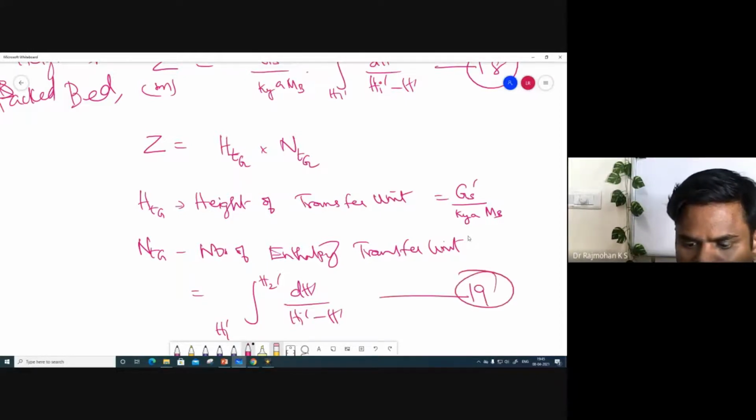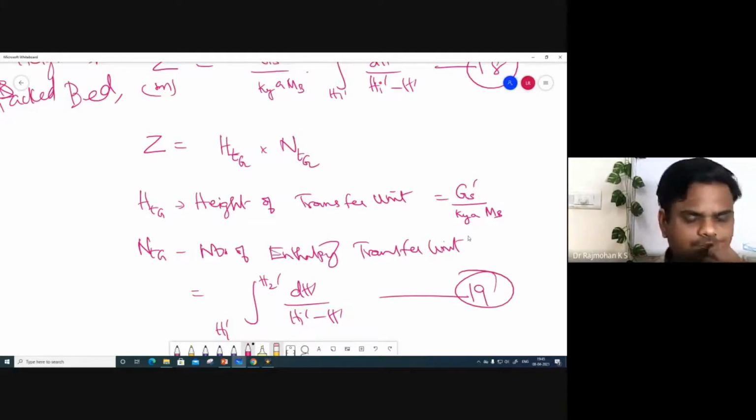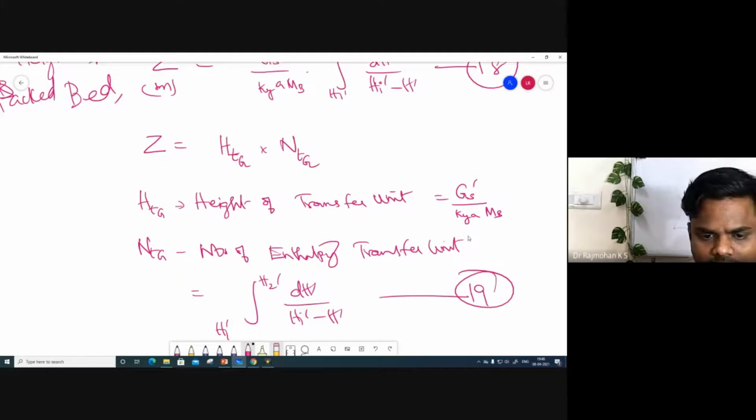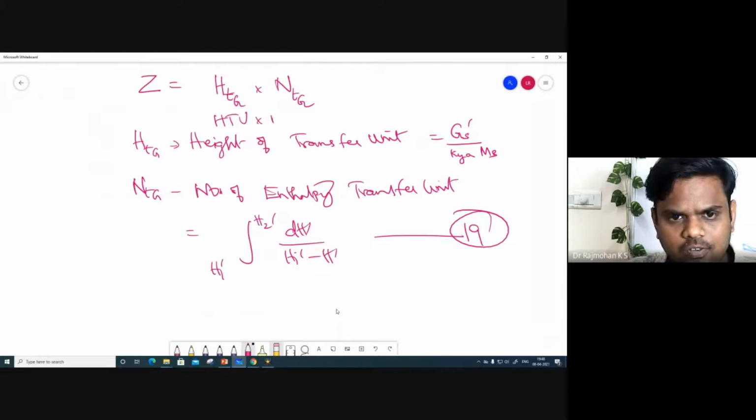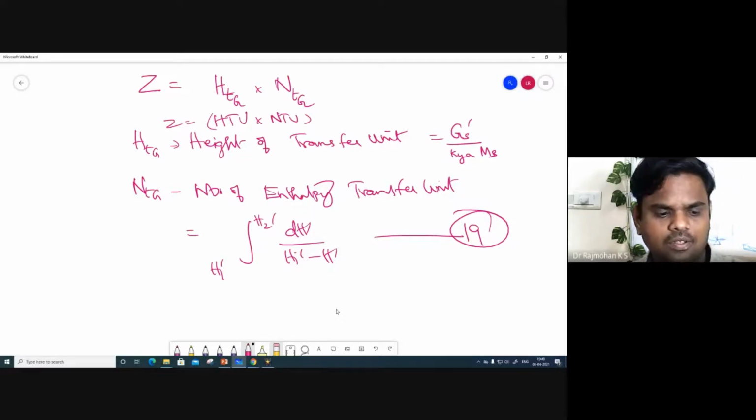Let it be equation number 19. So we can write z equal to the product of the height of transfer units and the number of transfer units. Usually we write HTU into NTU, right? So z equals height of transfer units into number of transfer units, but for a cooling tower it is the number of enthalpy transfer units.